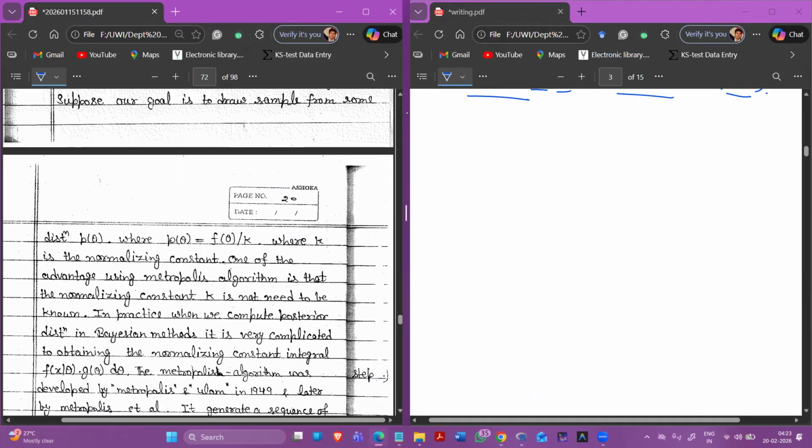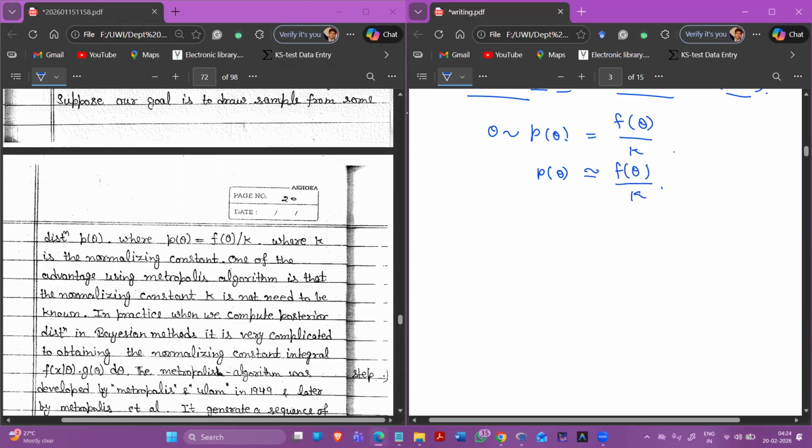Now I'm saying that my theta follows p(theta), which I want to find out, where I can write p(theta) equals f(theta) divided by k, where k is my normalizing constant. Okay, k is any constant term.